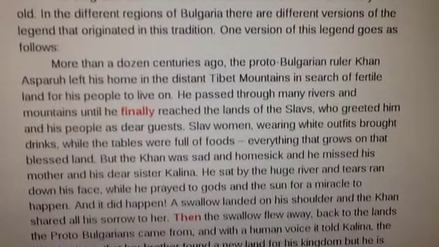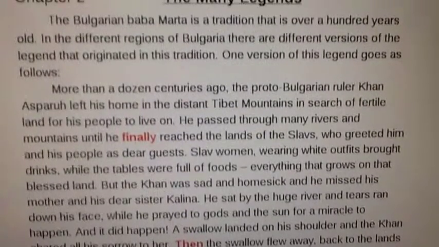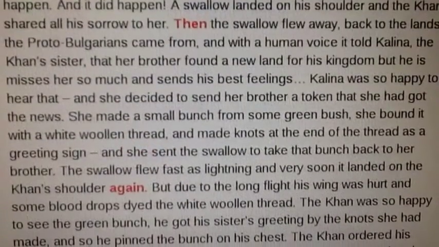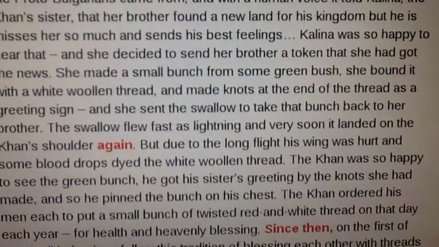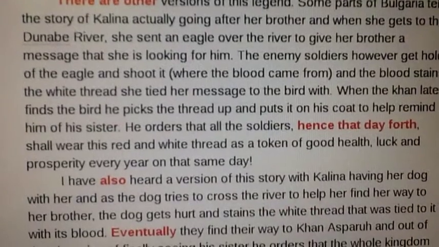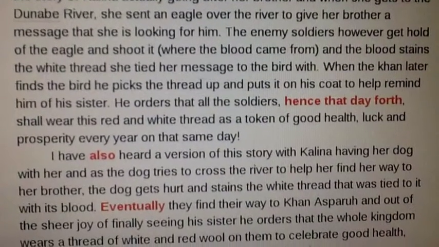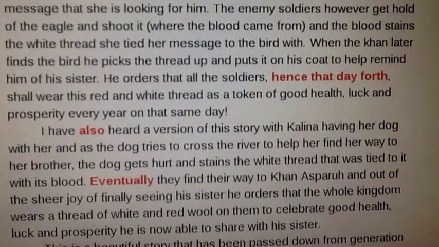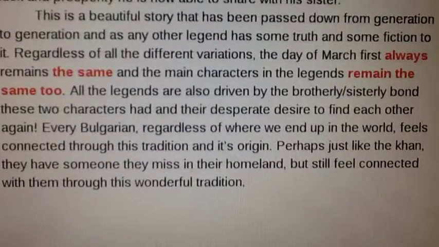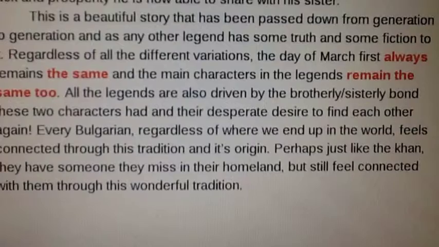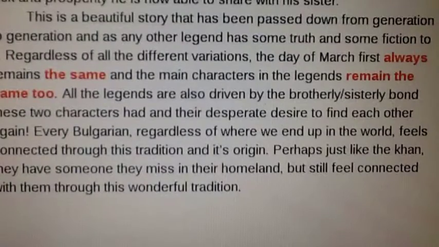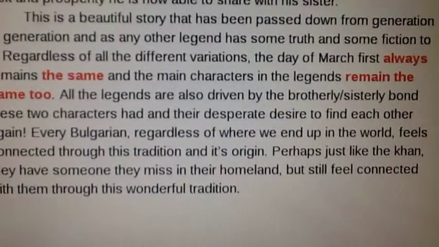Within the first paragraph, I have finally on there, which is a word that really signifies sequence. But as I start to compare the different legends in between, I have again in there. There are other, hence that day forth, eventually, always, remain the same.